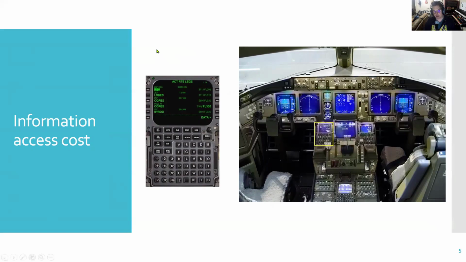This is the flight management system, basically the computer inside most modern aircraft. And this thing that looks like a glorified calculator is called the control display unit, the CDU. The CDU for the FMS. Okay. And you'll note it's got sort of an archaic look to it.